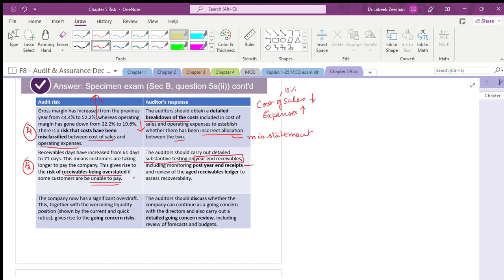If you are not getting the money on time, definitely these receivables are called aged receivables. Aged means old, not recovering on time. See, as simple as that.